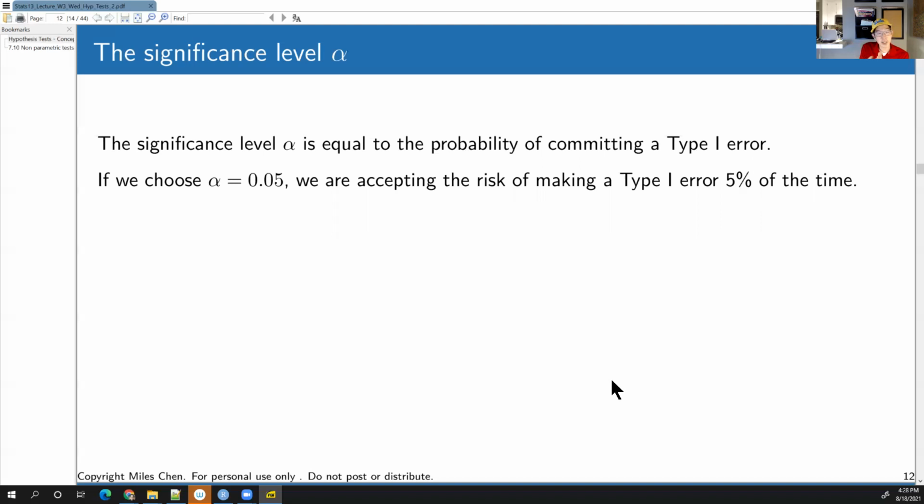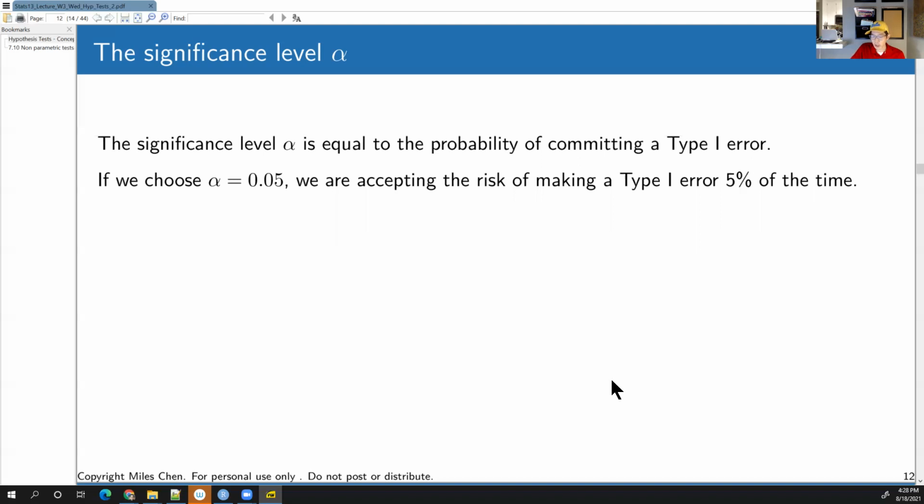But if you think about it, how often is the p-value going to come under 5% when the null hypothesis is true? Well, the p-value is going to end up being less than 5% of the time, even though the null hypothesis is true. So you're going to get a, quote unquote, small p-value with a probability of alpha, even when the null hypothesis is true.